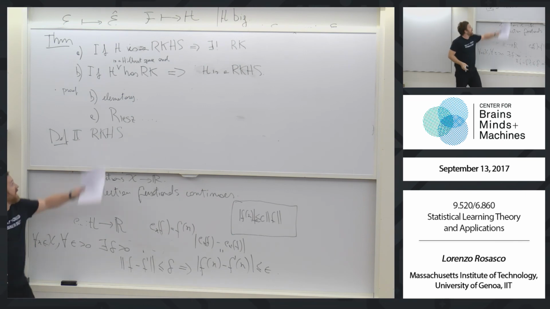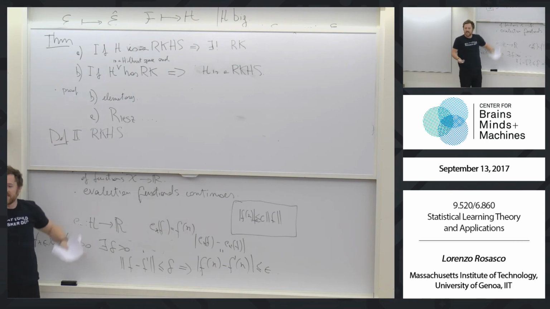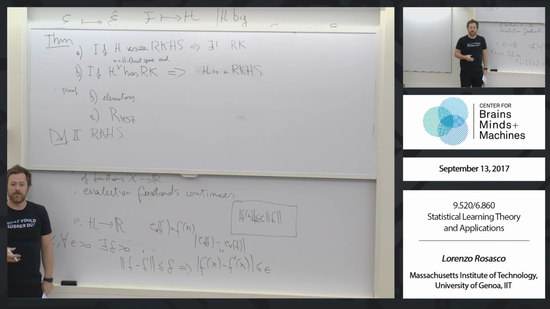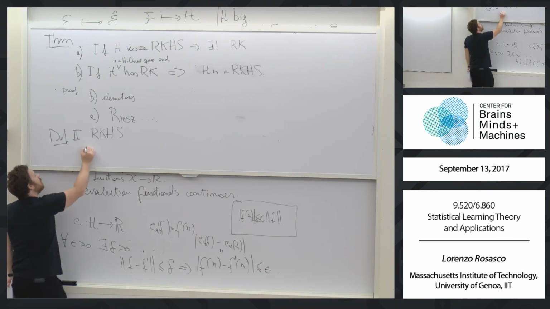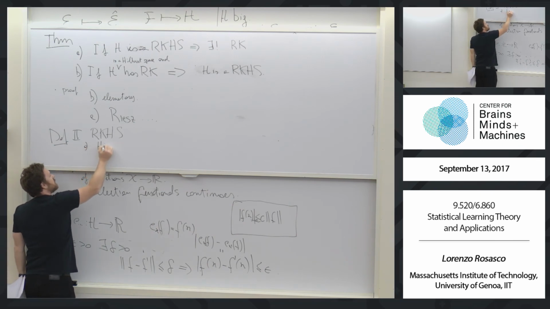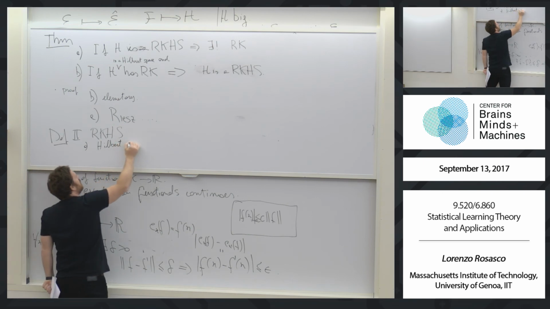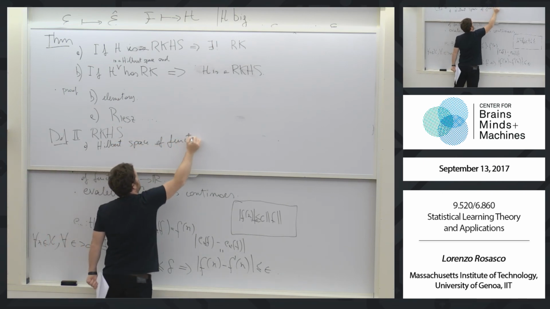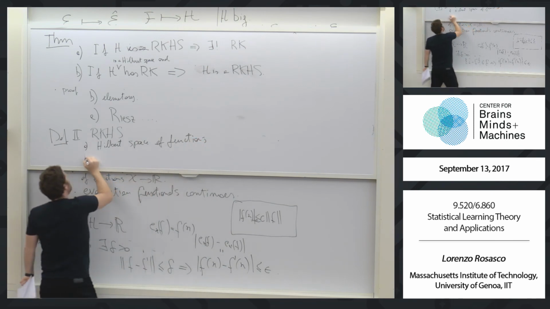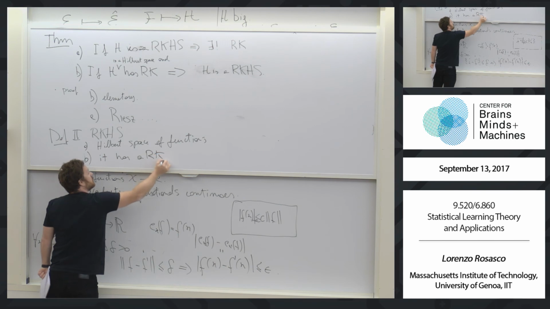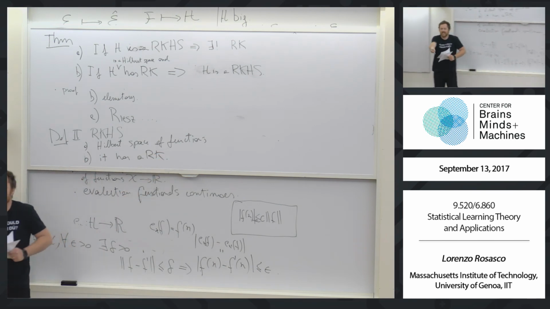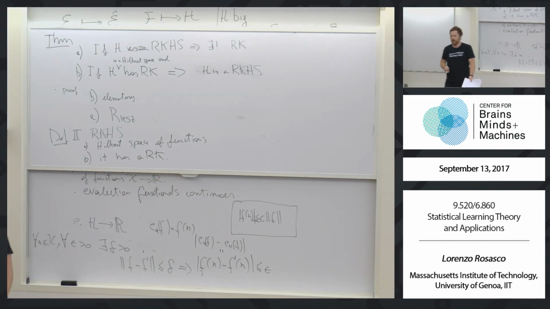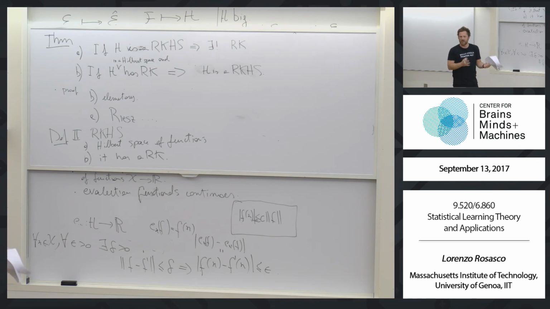I can say that something is a reproducing kernel Hilbert space if, A, it is a Hilbert space of functions, and B, it has a reproducing kernel. I basically can trade the evaluation functionals for the reproducing kernel, and I gain a bit of substance. The evaluation functionals are super abstract. Kernels are something that I can start to touch.